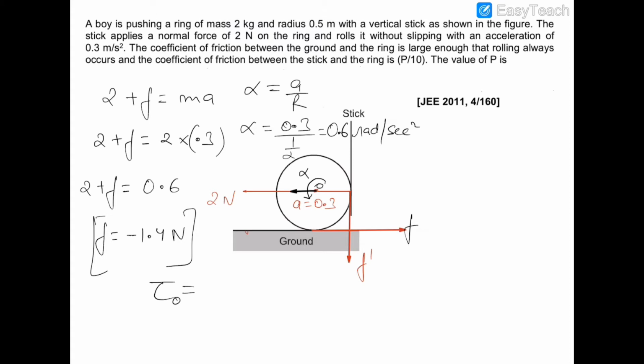But this ring is rotating in anti-clockwise sense, therefore the bigger torque would be of F. So F into R minus F dash into R would be equal to I alpha.